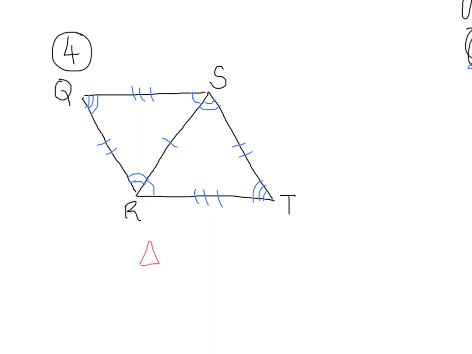So one of the triangles is congruent to the other triangle, and I want you to fill in the correct order for the 3 letters. It doesn't really matter which letter you start with, but you do need to have the same order for that second triangle. So pause the video, give this one a try, and then we'll compare some answers.